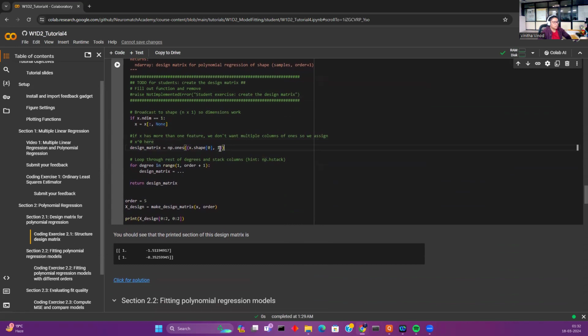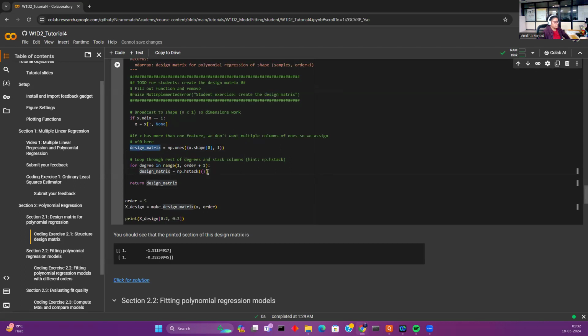Here you have the array of ones. What you're going to do is stack them. You're going to use the Python function for stacking, np.hstack, and its usage requires you to give the arrays that you want to stack.